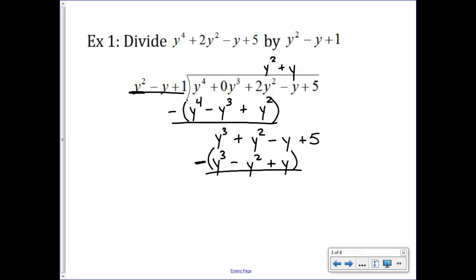So y cubed minus y cubed cancels. Y squared minus a minus y squared is going to be 2y squared. Minus y minus a positive y would be minus 2y. And then I'm going to bring down my plus 5.